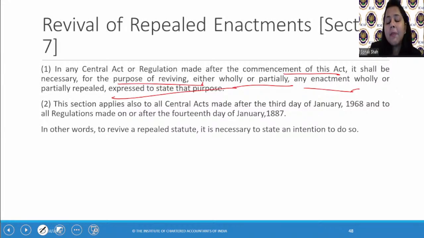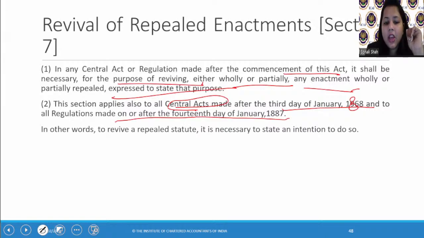So if a repealed enactment has to be revived, the purpose for its revival has to be mentioned. This section also applies to central acts that were made after 3rd January 1868, and to regulations that were made on or after the 14th day of January 1887. So applicability of this section is quite wide.